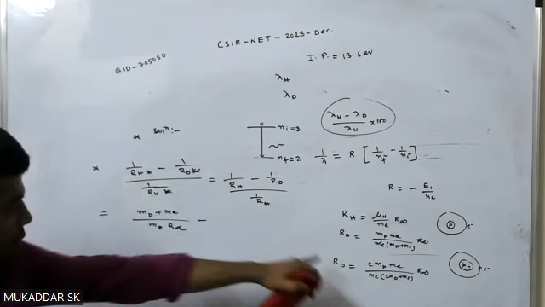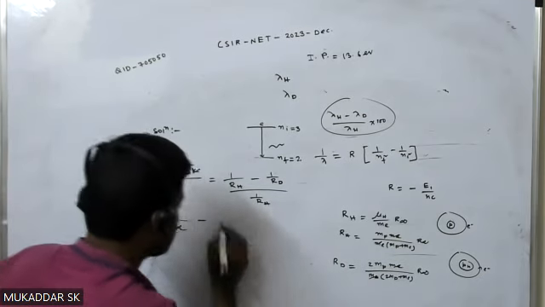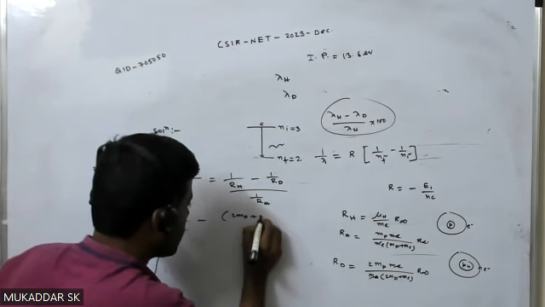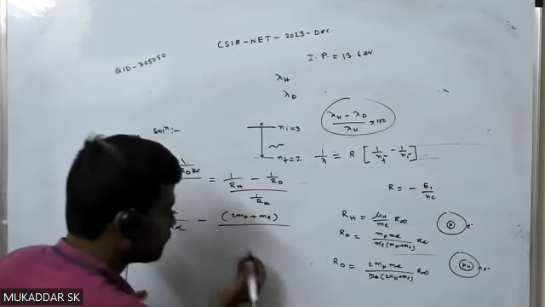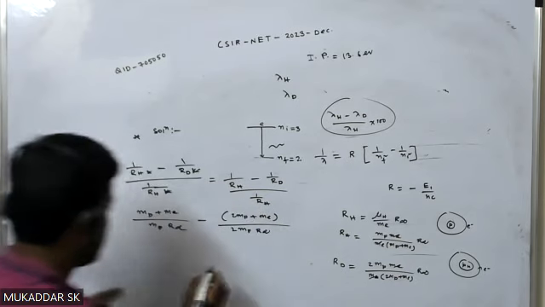In the same way, 1 by R_D, because this me will be cancelled here, you have 2 times mp plus me divided by 2 times mp into R infinity.